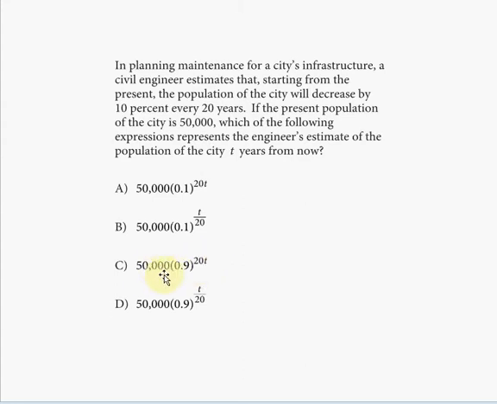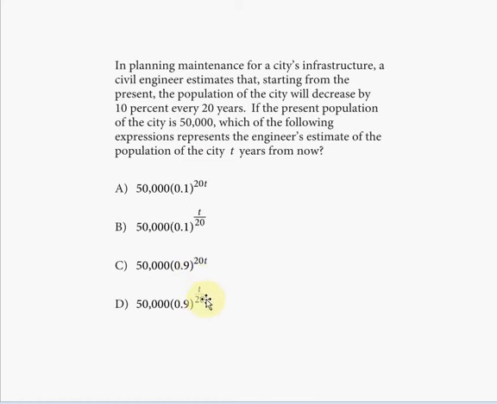If we start with 50,000 today, we have to have a power of 1 in 20 years in order for the 90% to remain. But if we set t equal to 20 here, we will have 20 times 20, which is 400. So 0.9 will be raised to the 400th power instead of the power of 1. So this cannot possibly make sense, right?